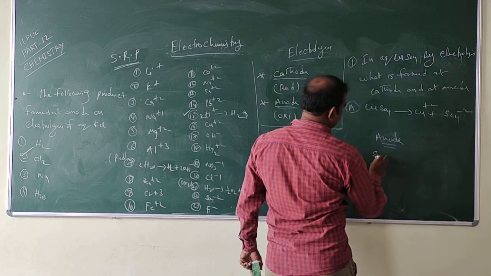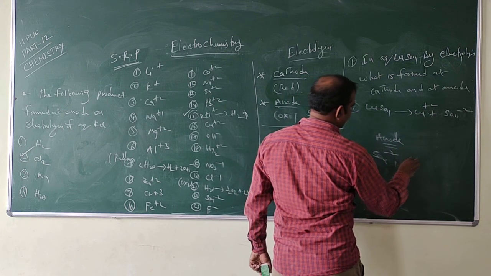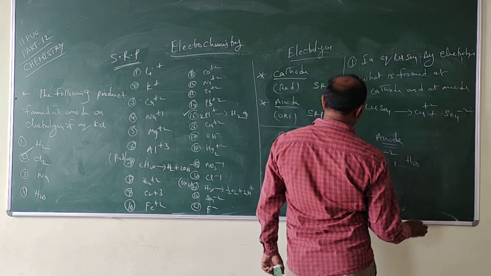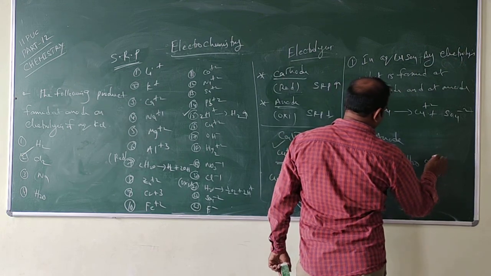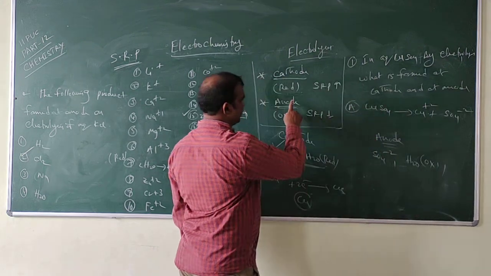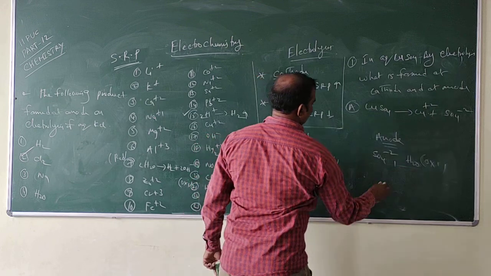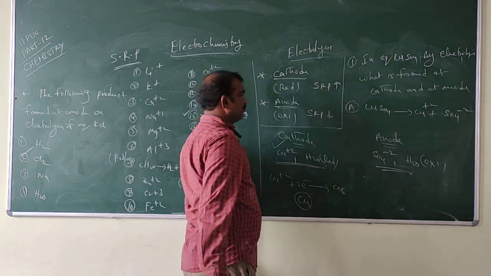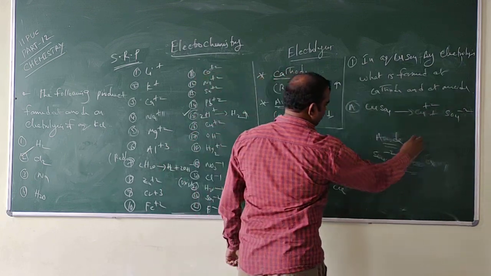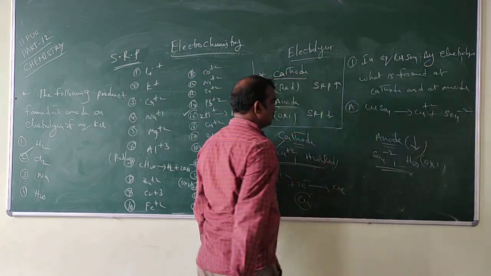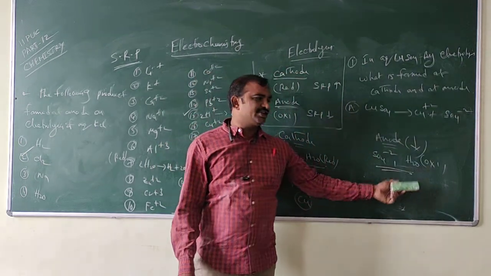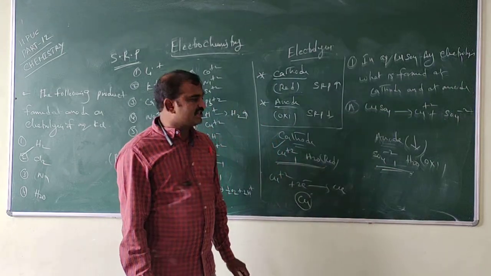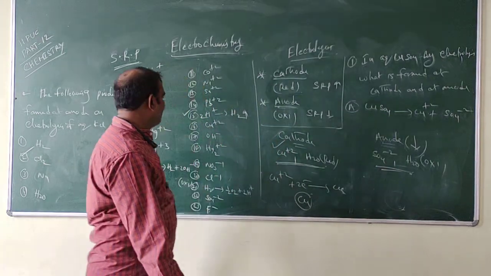Like that, at the anode, SO4 2- and H2O oxidation, because anode oxidation takes place. At the anode the SRP value is low. Among SO4 2- and H2O oxidation, which is having low SRP value?